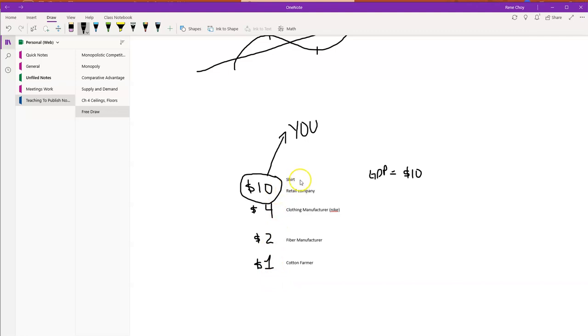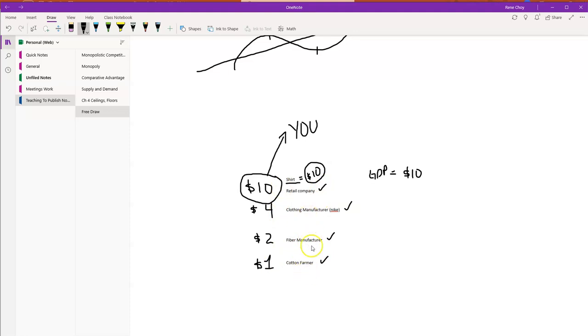And what we produced in this entire process was one shirt, which we sold for $10. Now those $10 that you paid for that shirt includes the profits of all of the other people below it. So it includes their cost plus their value added.